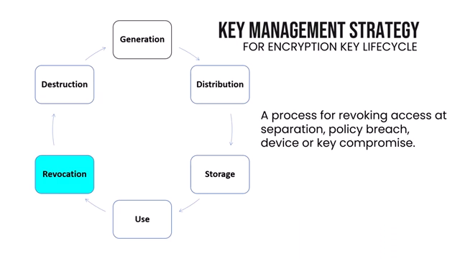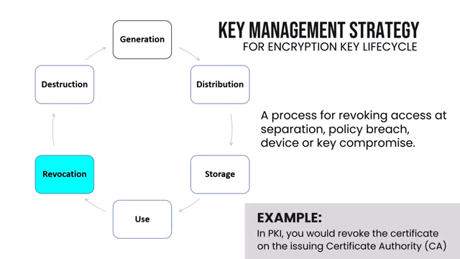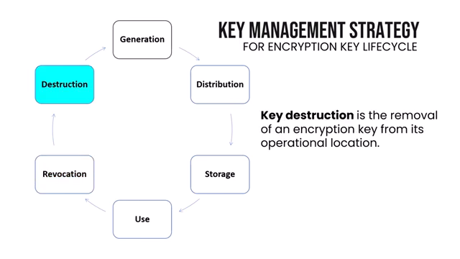We need a process for revoking access at separation, in the event of a policy breach or a device or key compromise. For example, in the world of PKI, you would revoke the certificate on the issuing certificate authority. And the final phase of the life cycle is key destruction. This is the removal of an encryption key from its operational location.